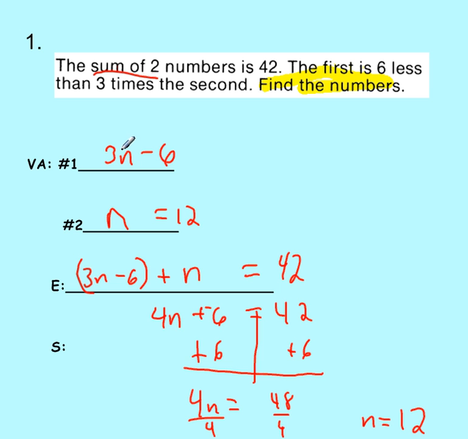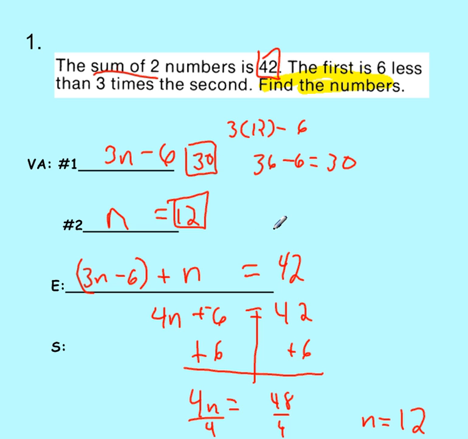Then I plug into my expression, so I do 3 times 12 minus 6. 3 times 12 is 36, minus 6 gives us 30. So the first number is 30, the second number is 12. If I add those 2 together, I get a sum of 42; 30 and 12 makes 42. So there's the answer for the first one.